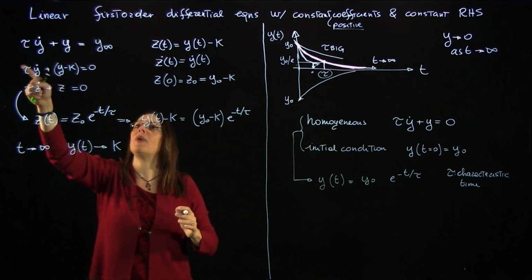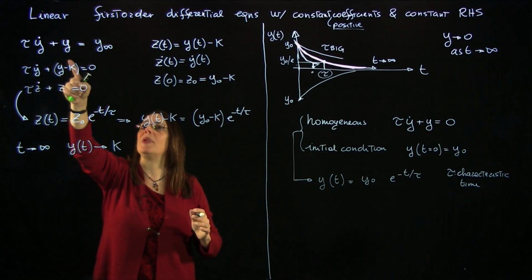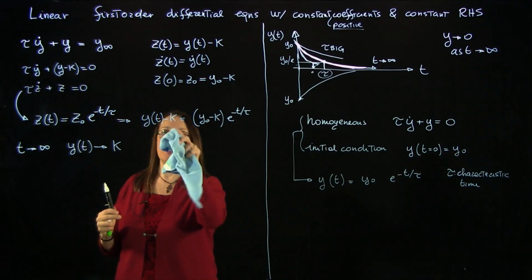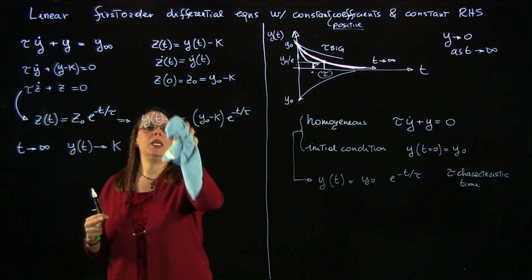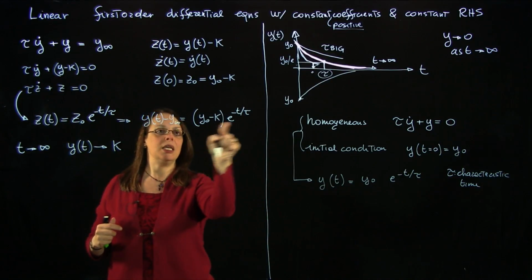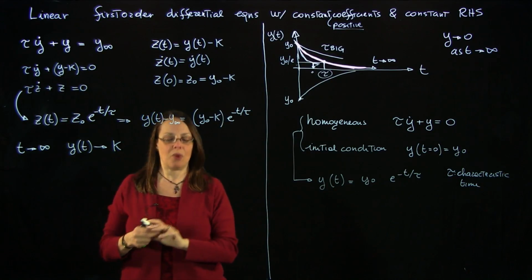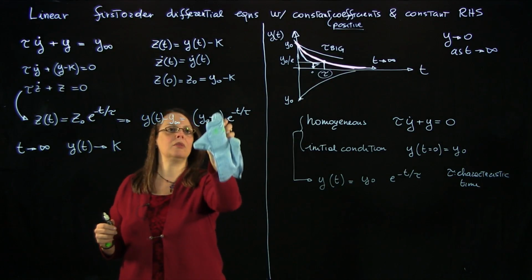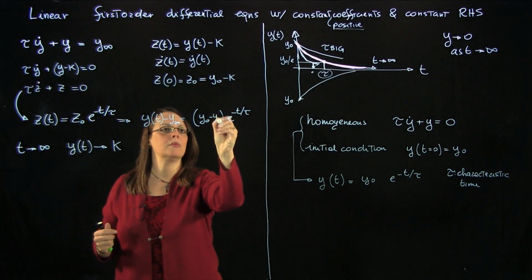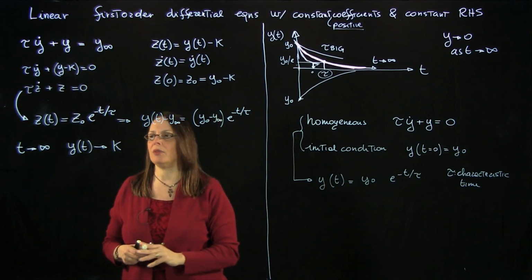So we write it as tau y dot plus y equal y infinity because the way we normally write the solution is y of t minus y infinity is equal to y0 minus y infinity, e to the minus t over tau.